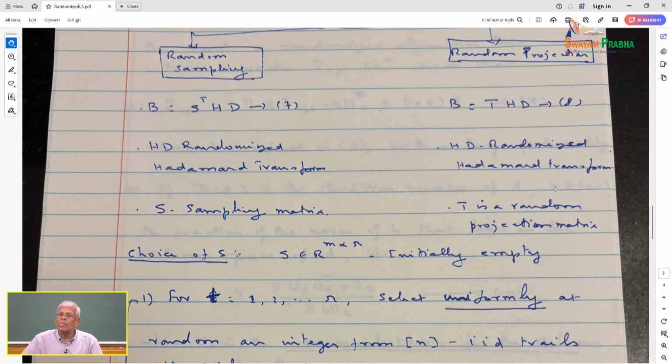In type 2, they are plus or minus 1 with probability half-half. In type 3, two-thirds of the time it is 0, the rest of the time it is either plus 1 over square root of 3 or minus 1 over square root of 3. So, the third type is essentially a sparse type.